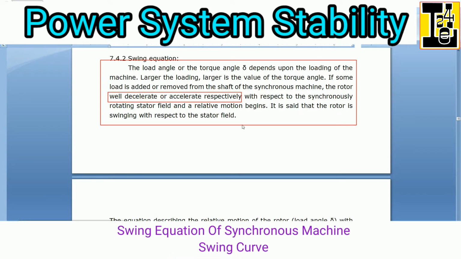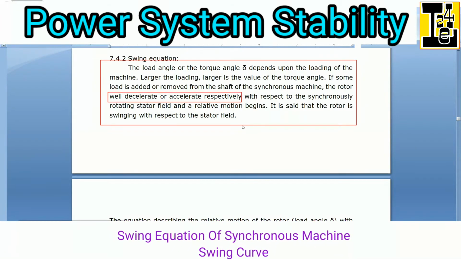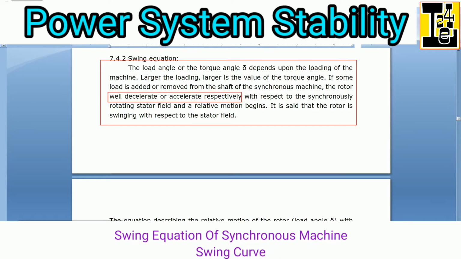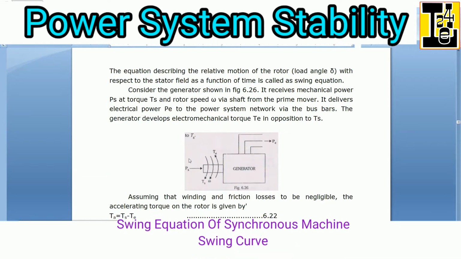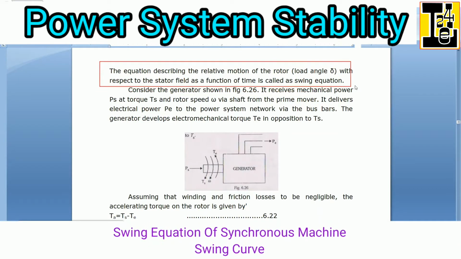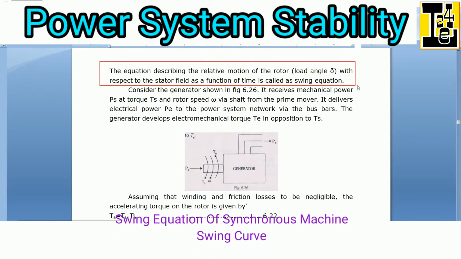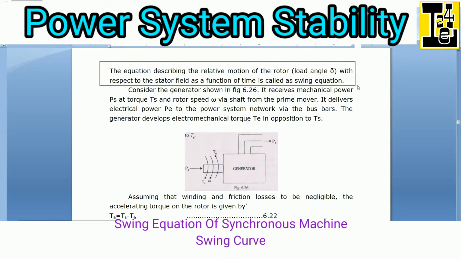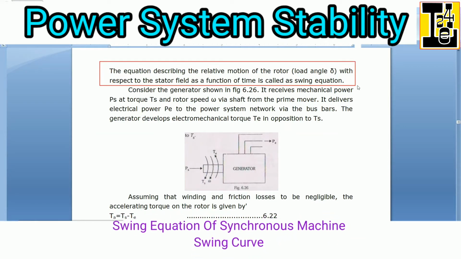It is said that the rotor is swinging with respect to the stator field. The equation describing the relative motion of the rotor, that is the load angle delta, with respect to the stator field as a function of time is called the swing equation.